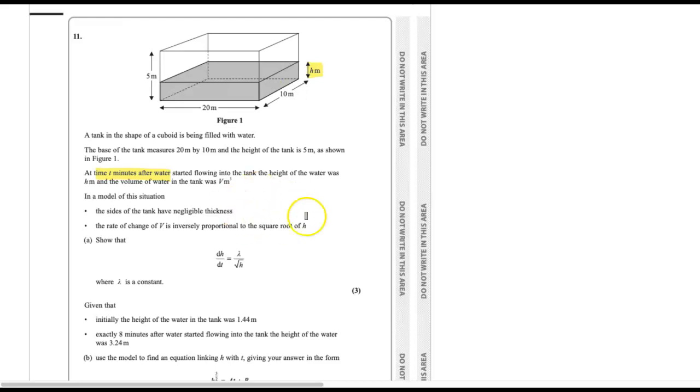So the volume of liquid in the tank is going to be 20 times 10 times H. We can say 200 H, right? Cubic meters. They are saying use cubic meters. That is fine. We are using that.